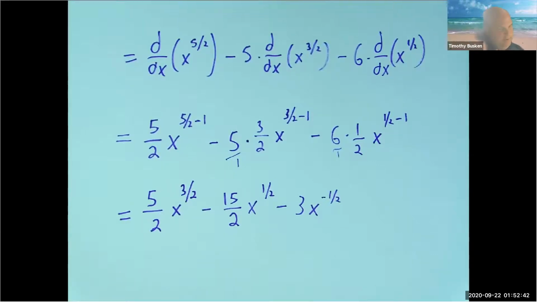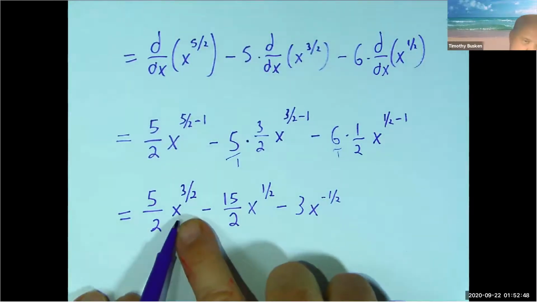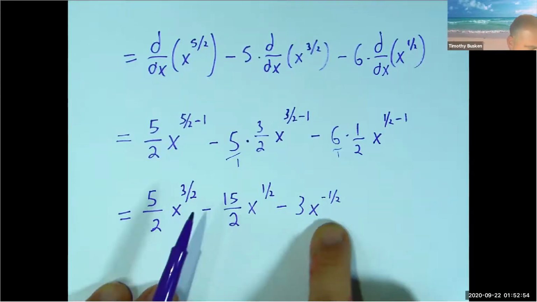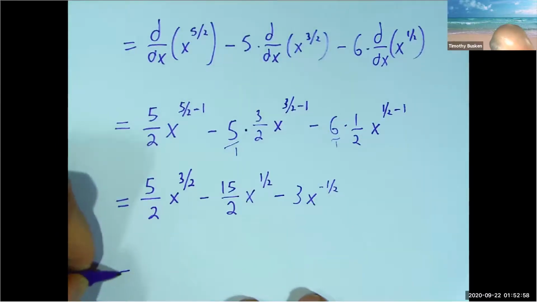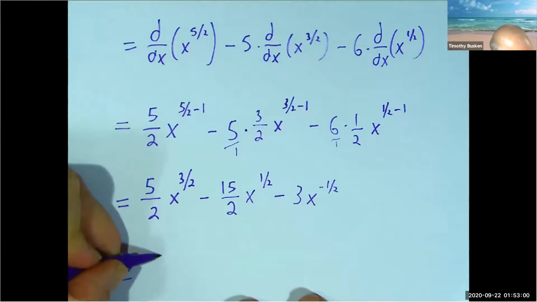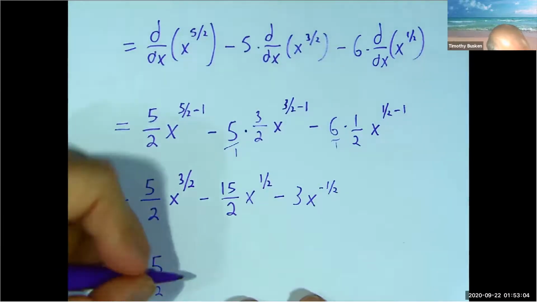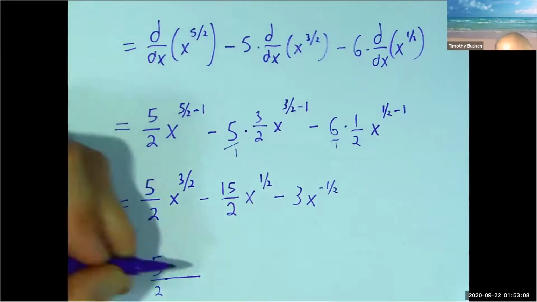I know that the book doesn't like it if we keep these rational exponents this way. They like for us to convert these to radicals and use the negative exponent here. So I guess we could do that. We could write it like this, 5/2, or we could put the x to the 3/2 in the numerator.